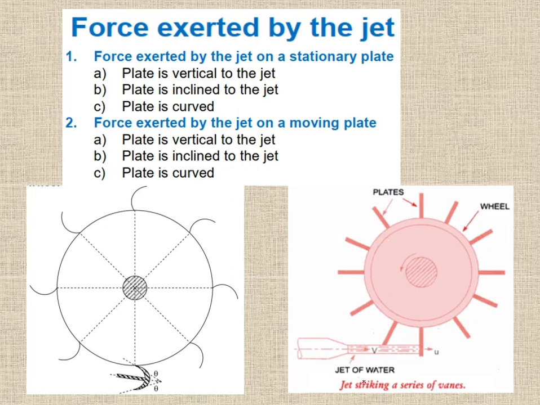So let's see here, the force exerted by the jet. The application of jets is mainly in the turbine, where we rotate the turbine wheels by using very strong jets. In the wheels we use different types of blades, and we strike the jet at different angles.